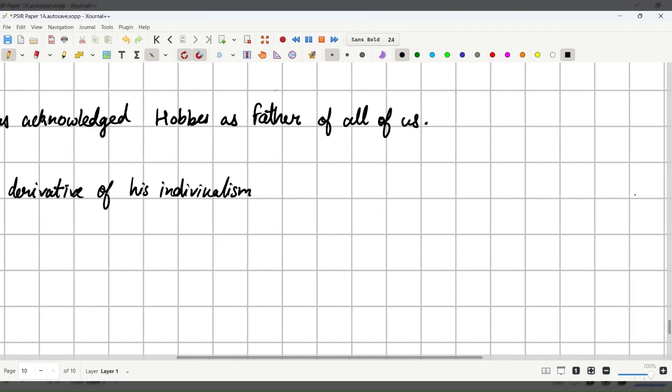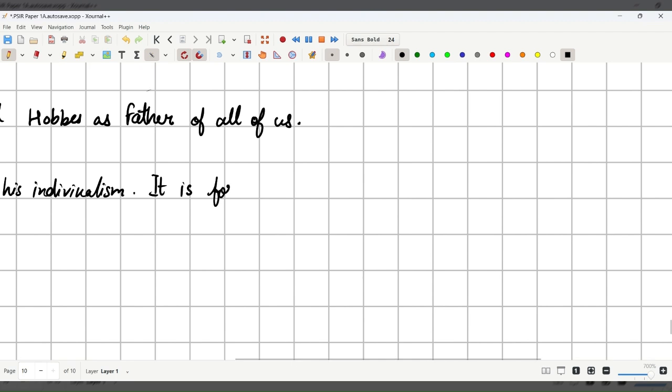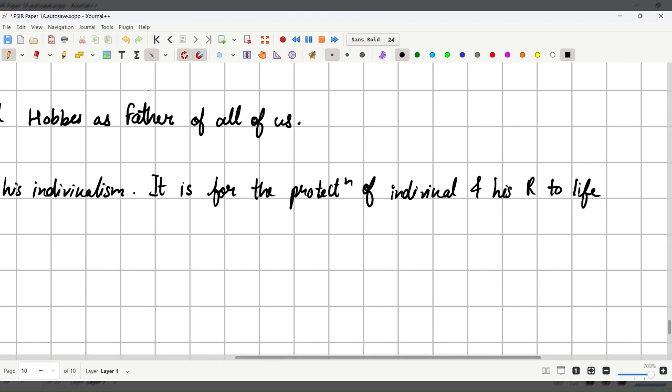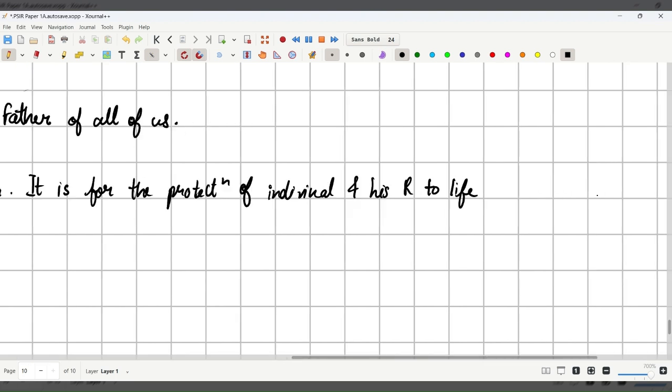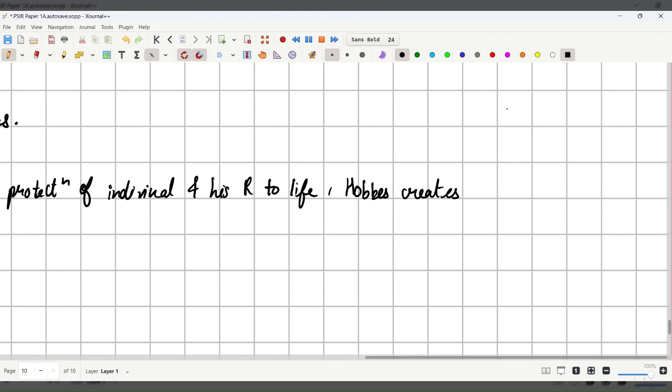So basically it is for the protection of the individual and his right to life that Hobbes creates an absolute state.